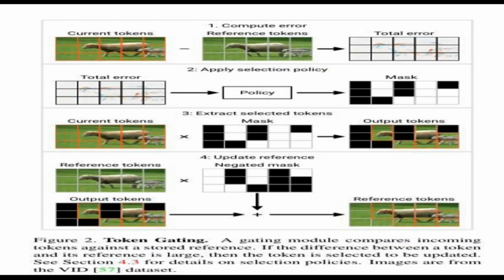What about the solution? Yes, Eventful Transformers, a novel approach that identifies and reprocesses only the parts of the video that changed significantly over time. Instead of treating every frame as equally important, this model focuses on events, key moments where motion or objects change.